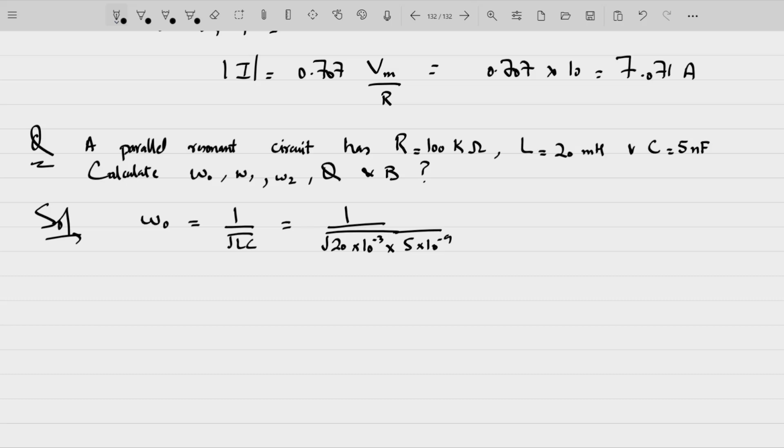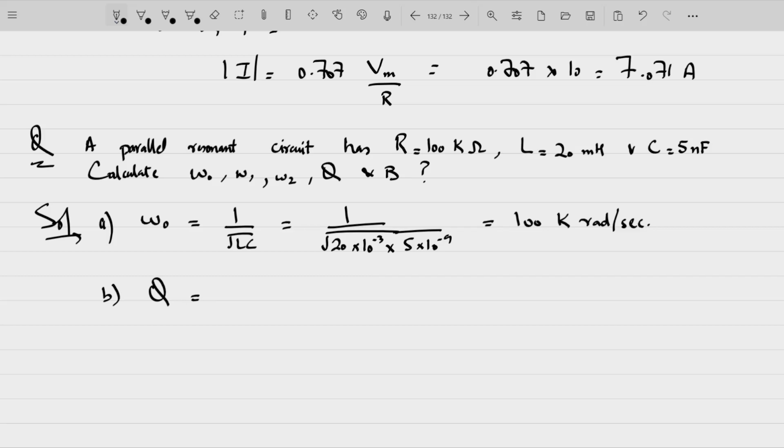So this is equal to 1 lakh, or you can say simply 100 kilo radians per second. So this is omega naught. Let us find out the quality factor first.